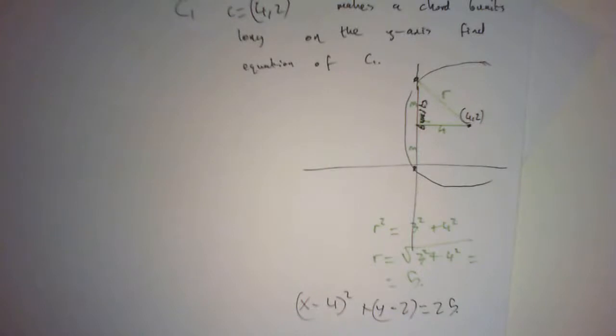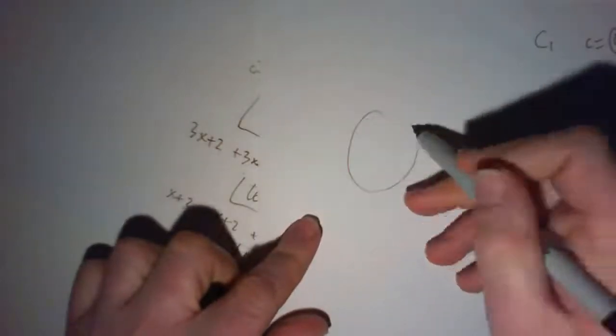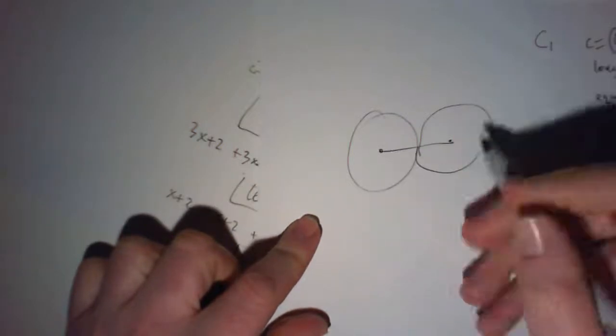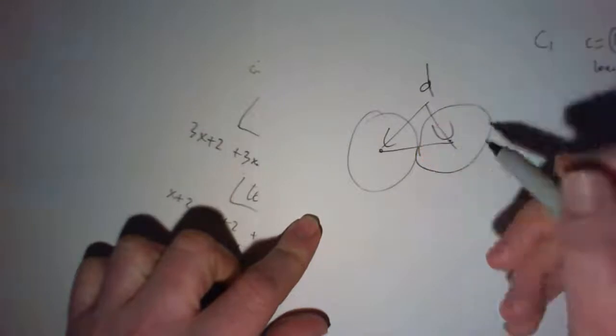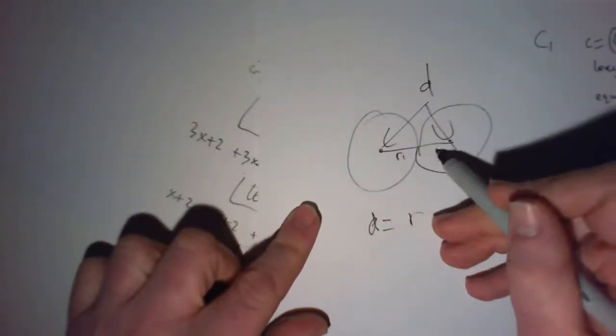So what we've done today is we've had a good look at 3 new methods of looking at these, what I call kissing circles. If they're kissing externally, then the distance between the two centers is equal to R1 plus R2.